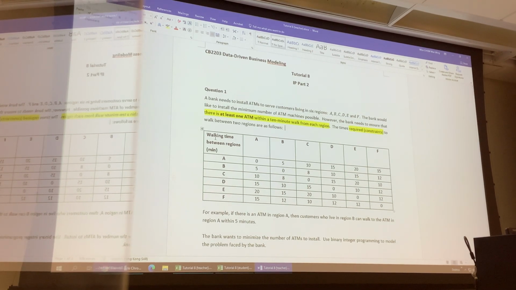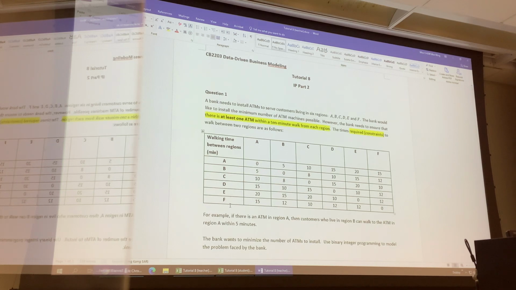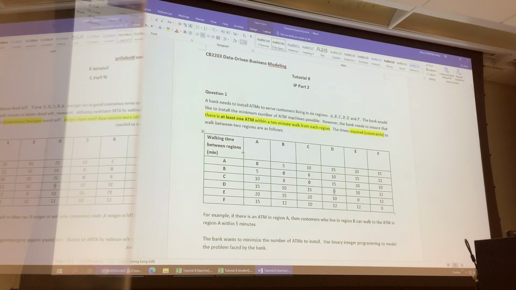Here you have the walking time between regions A, B, C, D, E, F, for the horizontal and vertical, that is A, B, C, D, E, F. As you can see, there is 0 here, right? And 0 means that you are in region A or region B or C or D. So this one is the starting point.